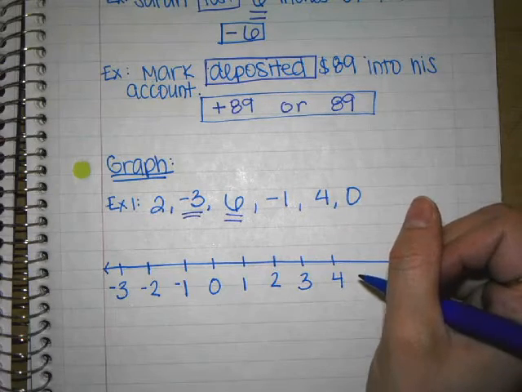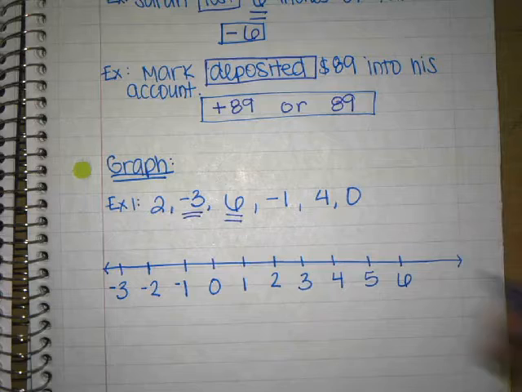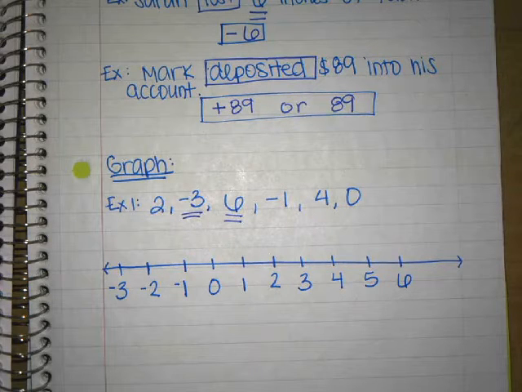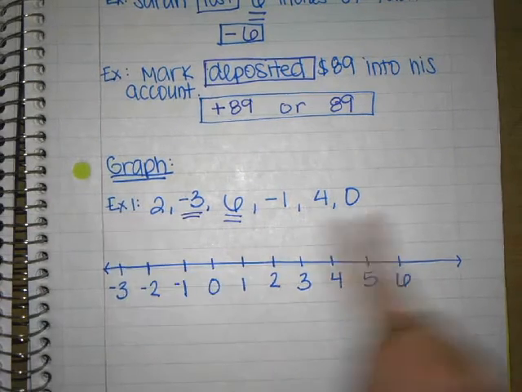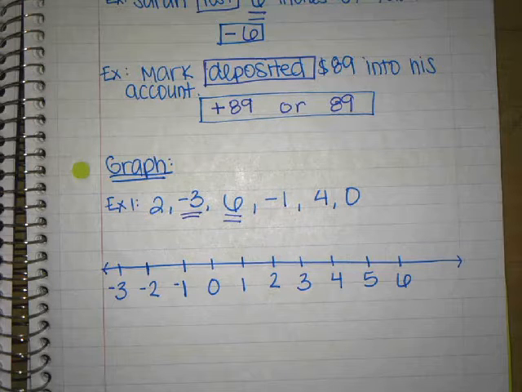Everyone, what comes after 4? And after 5? Now, once again, you could keep going. You could put a 7. You could put an 8. It does not matter. But you must have at least all of the numbers that you need to graph. Make sense? Could you start by putting a 0 in the middle? Totally can. Doesn't matter.